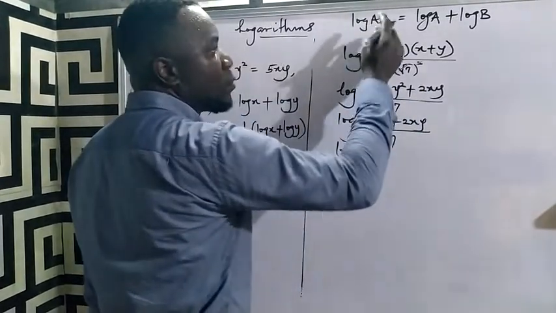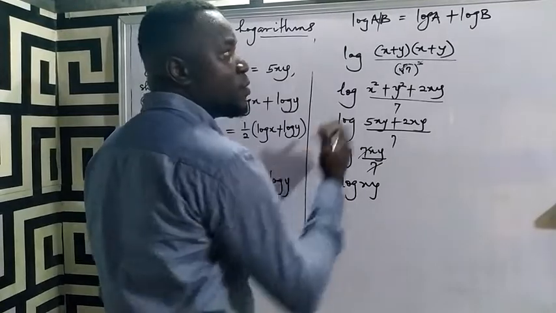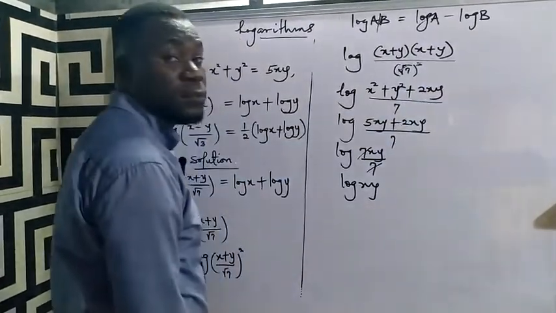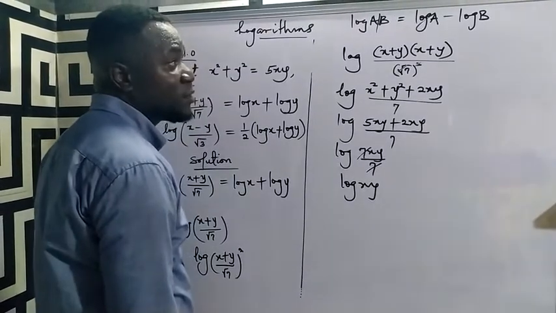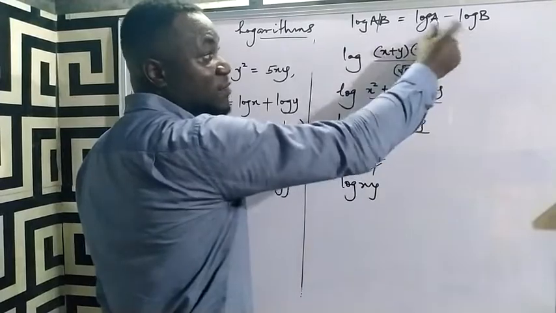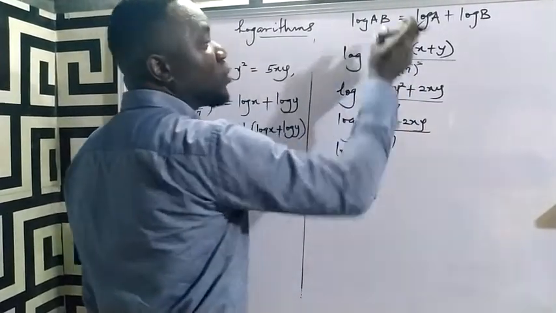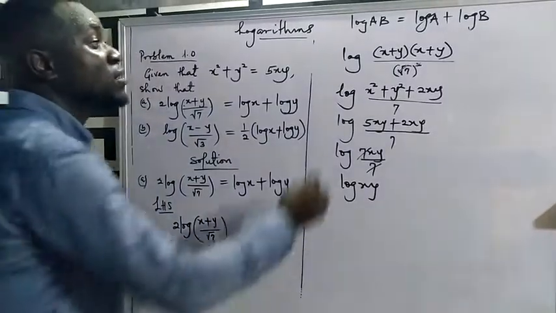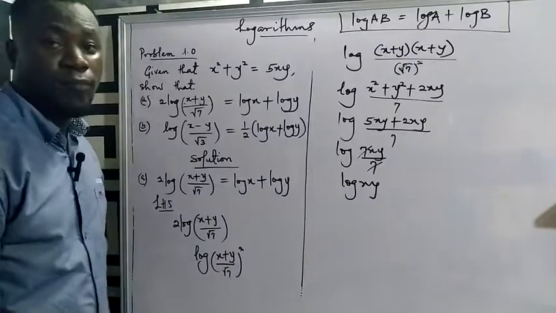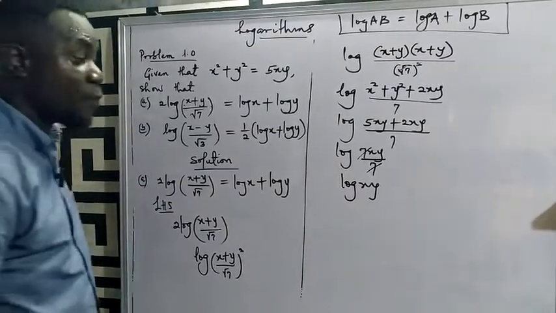If it were a fraction, a over b, then this changes to subtraction. Do you understand? Good. But I'm making use of the product rule that gives the addition. So log ab equals log a plus log b. I'm using this law here to arrive at this. So you can see that we are almost there, and we are already there.